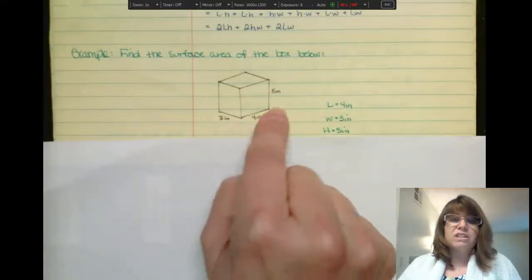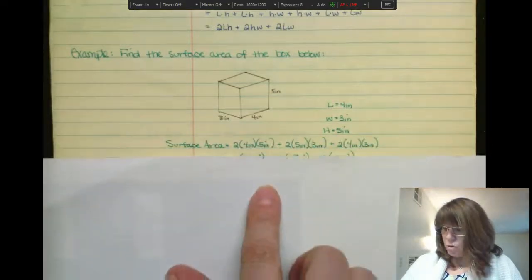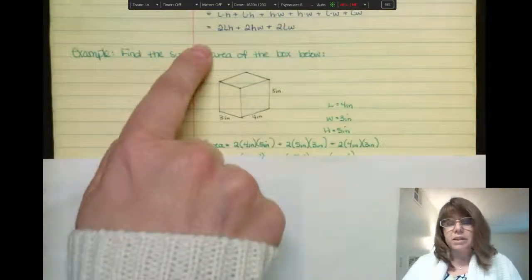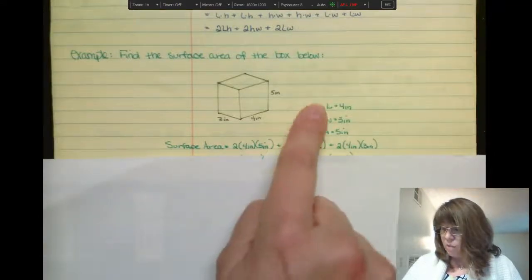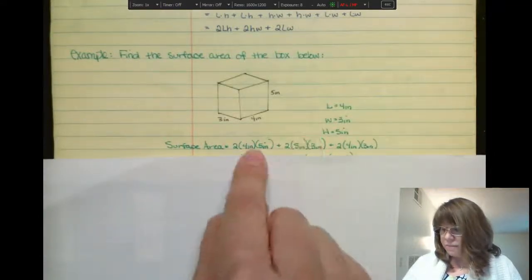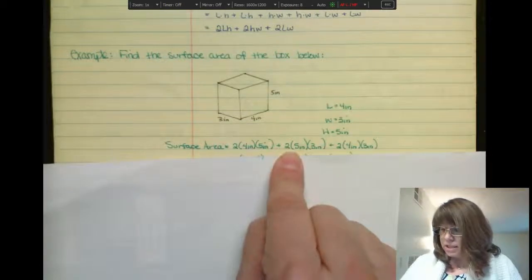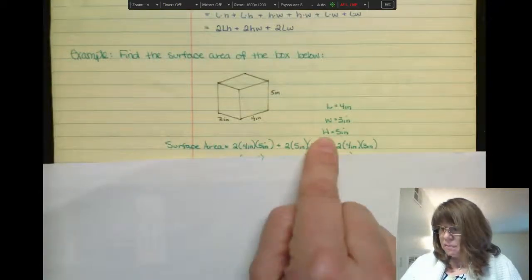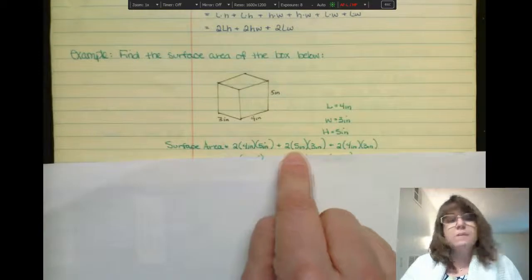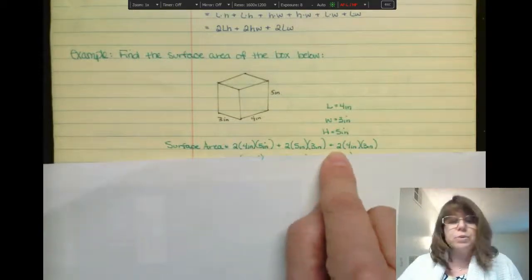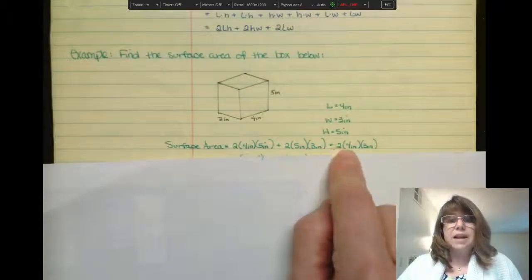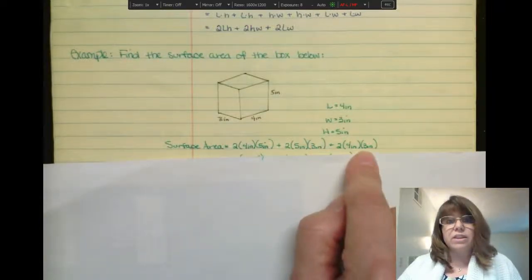The dimensions are different. So using our formula, I'm going to say 2 times the length times the height, the length is 4, the height is 5, plus 2 times the height times the width, so 2 times 5 inches times 3 inches, plus 2 times the length times the width, so 4 inches times 3 inches.